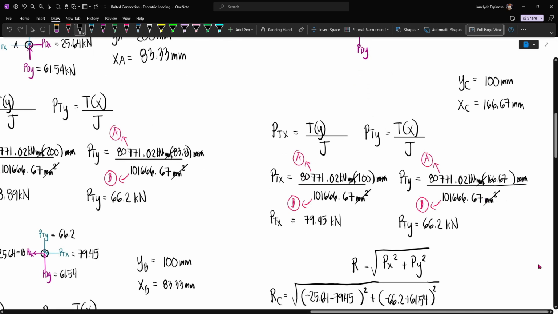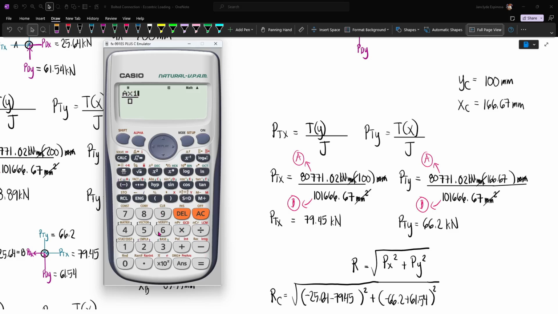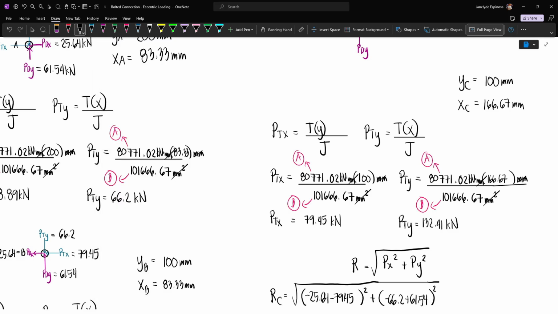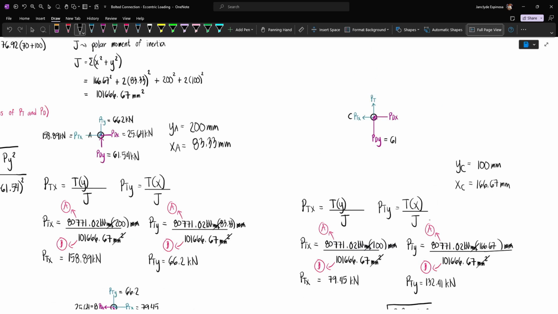So our PTY will be A times 166.67 divided by B. This is 132.41. However, this didn't change because our YC is still 100. Now this is 61.54, this is 25.64, while this is 132.41, and this is 79.45.